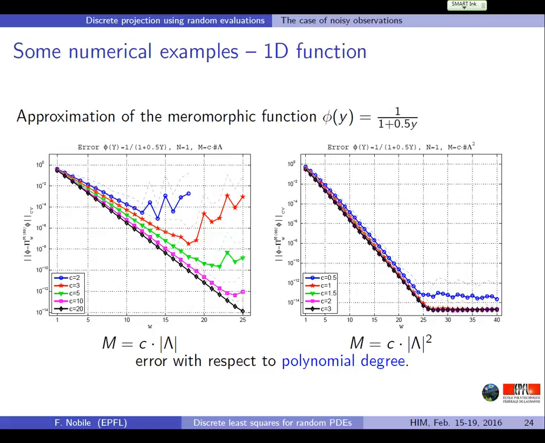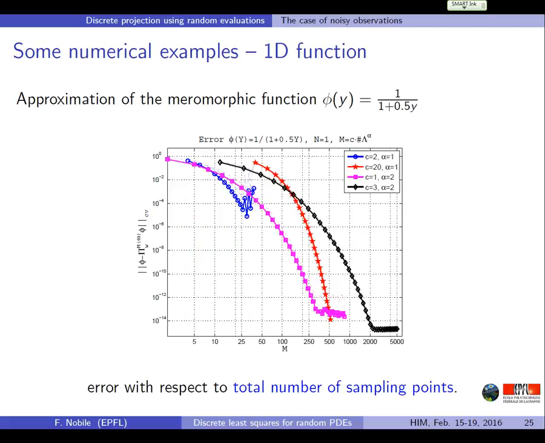And if you now approximate a given function, this is a meromorphic function, so you expect exponential convergence by polynomials. If you keep a quadratic scaling, you see the nice exponential convergence with respect to the polynomial degree. And if you keep a linear scaling, if the proportionality constant is large enough, you get the nice exponential convergence. But if you start reducing the constant, at some point the rate slightly degenerates, and at some point you lose stability and everything goes up.